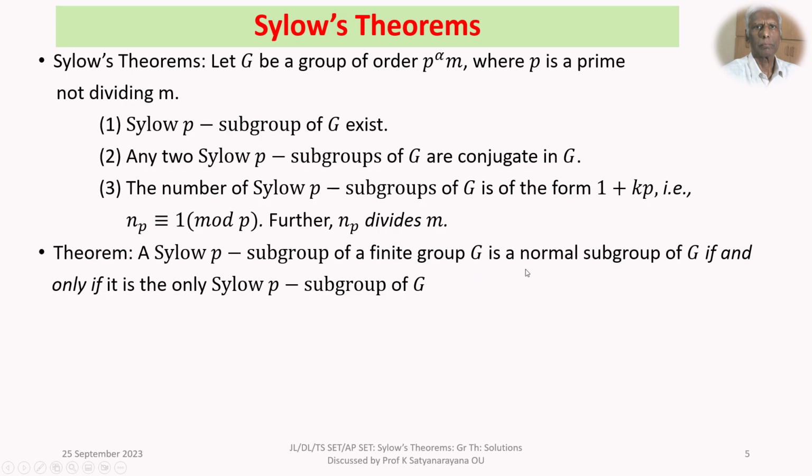So H is normal in G if and only if n_p is equal to 1.